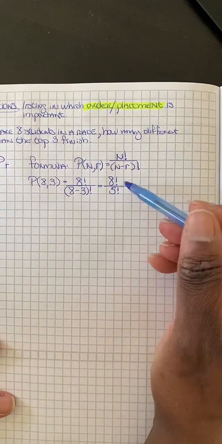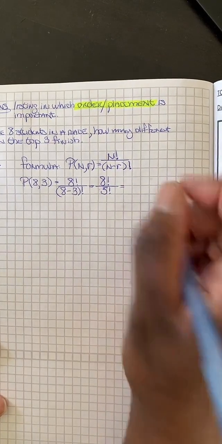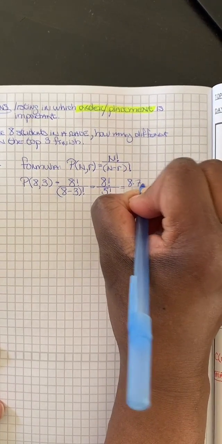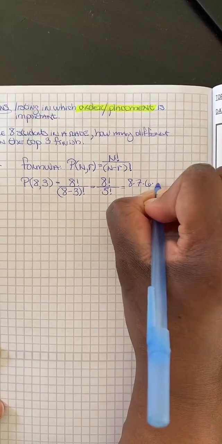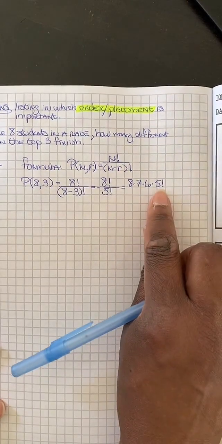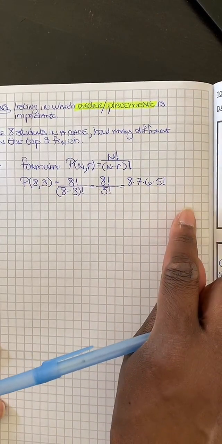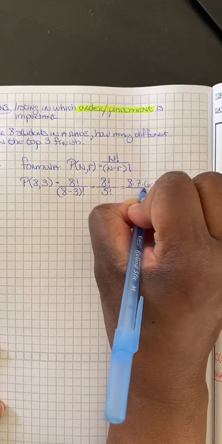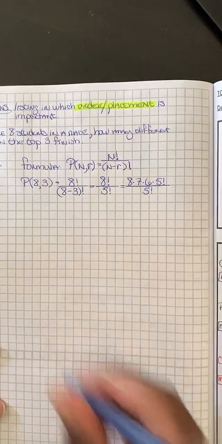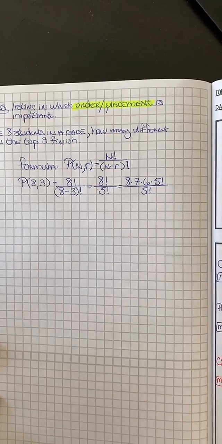So the 5 factorial is a part of the 8 factorial. If I count down 8, 7, 6, here's my 5 factorial, because 5 factorial means 5 times 4 times 3 times 2 times 1. That's exactly the same thing happening down here in the denominator, so these two things can eliminate.